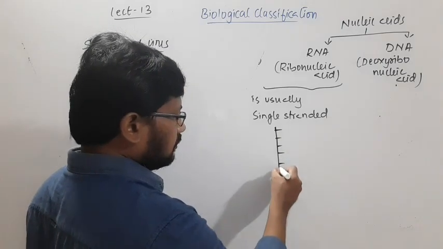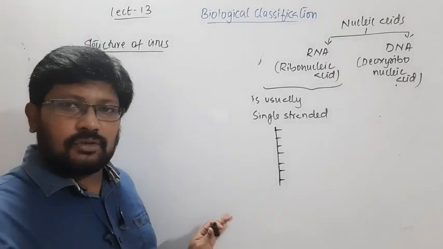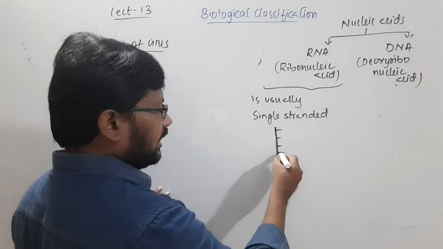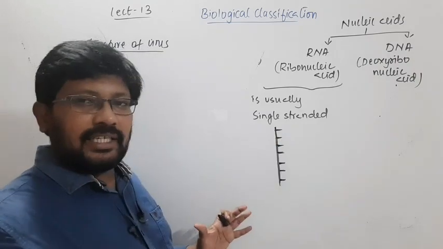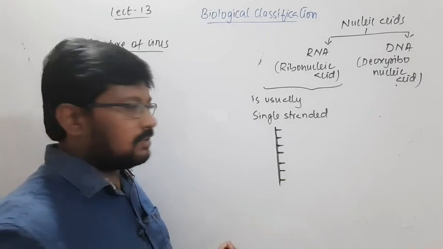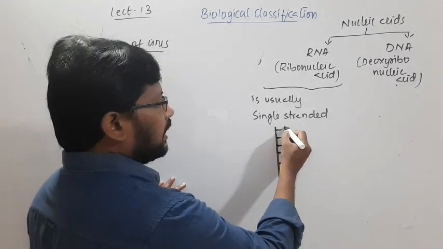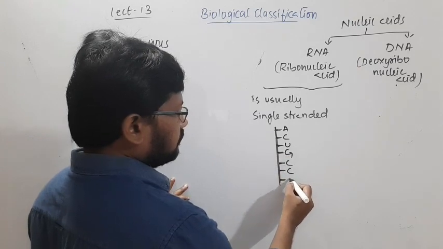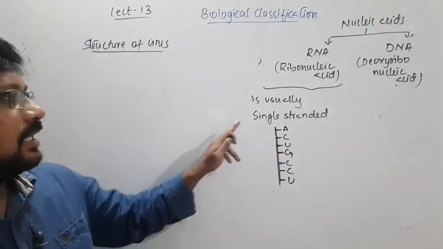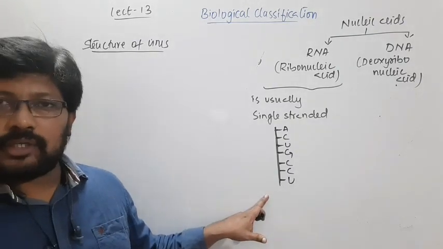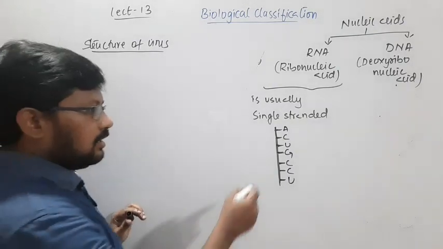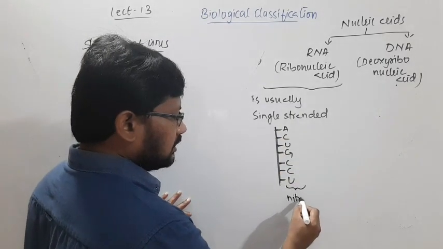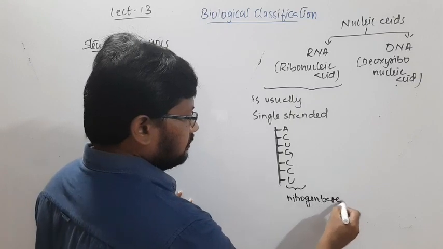So I'm just giving only an elementary idea here. I'm not giving a detailed structure of this. I told you already the detailed structures we will see only in our coming sessions. Okay, and it will be something like this. So this is a single stranded RNA molecule, how it looks. Here whatever I have written, these are all nitrogen bases. Later we'll understand all those things, so I'm just mentioning.